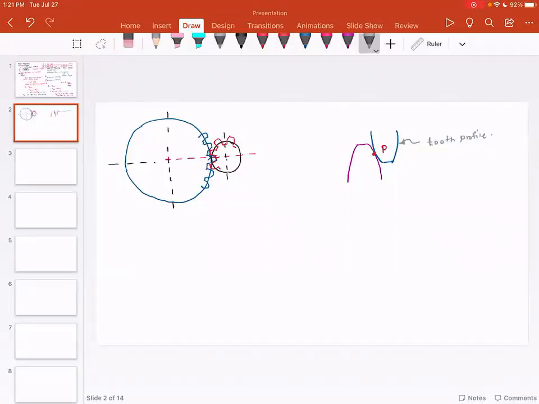Now I want you to understand what happens. As these two teeth engage with each other, initially the contact starts here. Then gradually the contact progresses around the profile, and then the contact is broken, it exits, and the second tooth comes in contact.